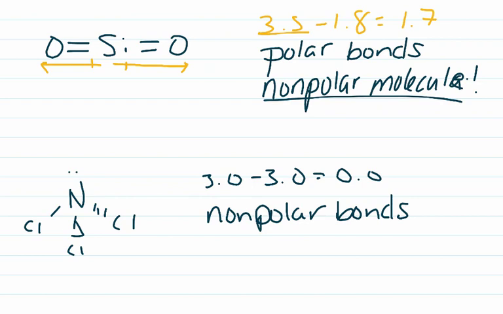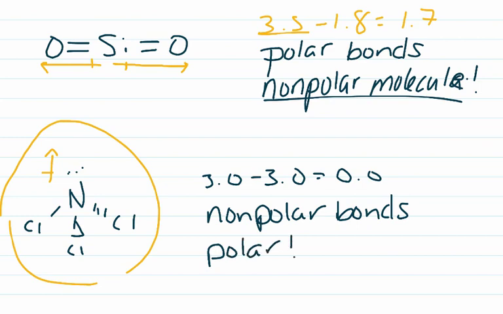But we have a lone pair up here on the nitrogen, and so we can draw a dipole moment pointing towards the electron pair. That gives us an overall dipole moment for this whole molecule, which means that the molecule is polar.